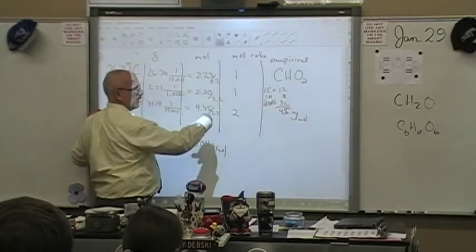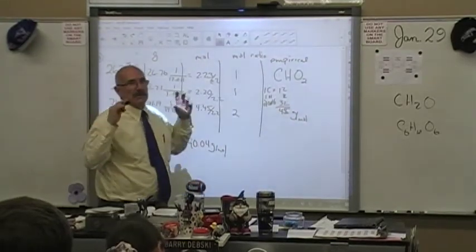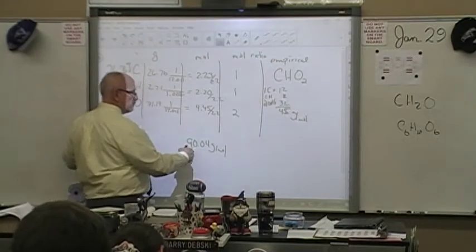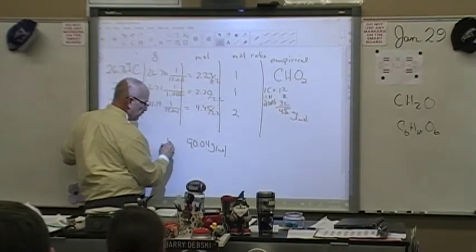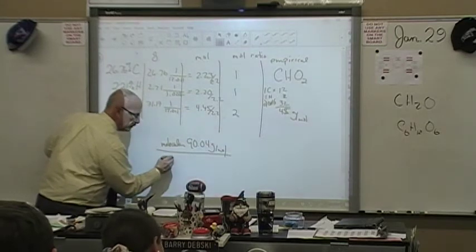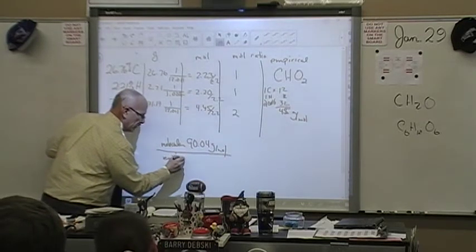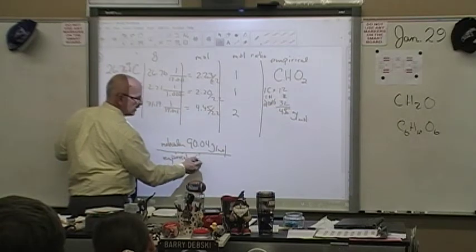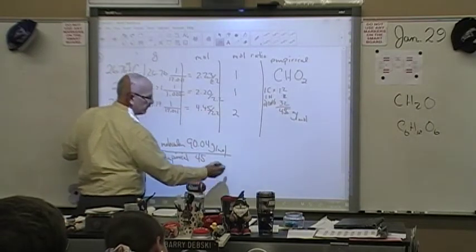You can look at these two numbers and say, aha, it's going to be twice as big. If you want a formula, it's molecular divided by empirical. If you like formulas and you want to write that down, that's going to give me the multiplier.